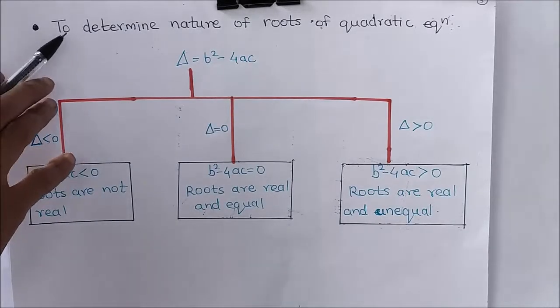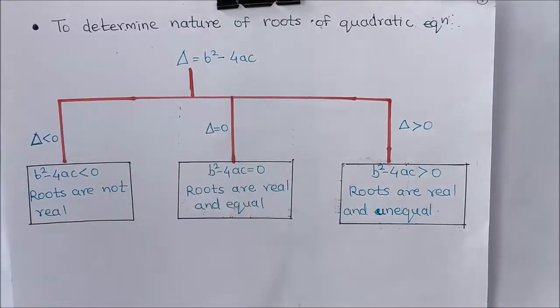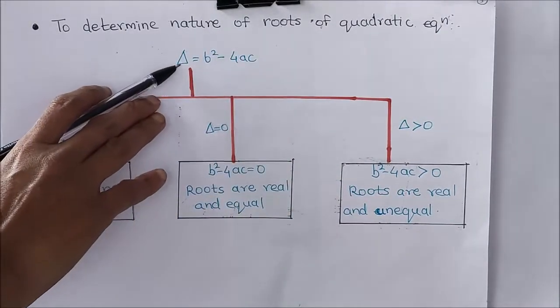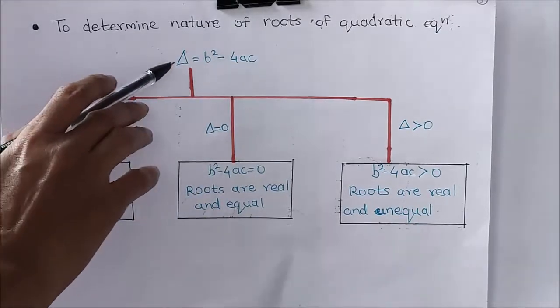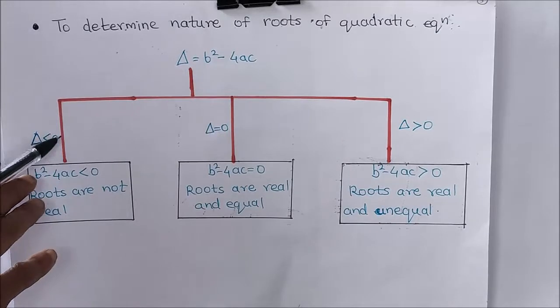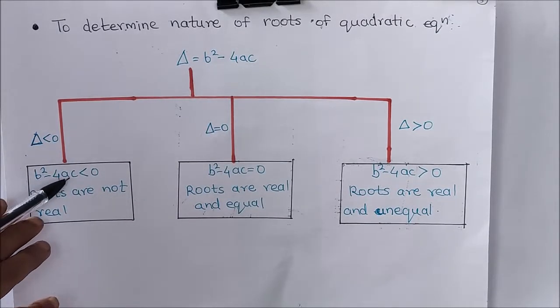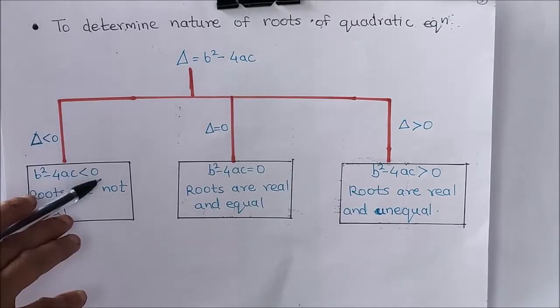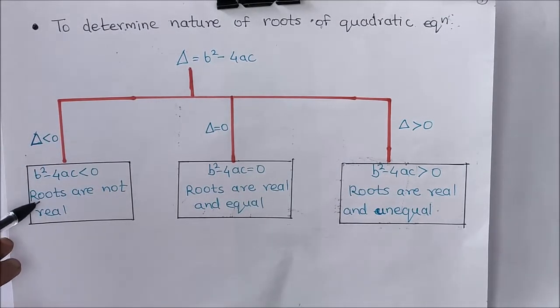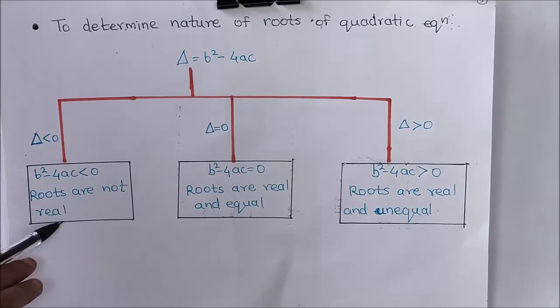Now we will see how to determine the nature of the roots of a quadratic equation using the discriminant delta equals b square minus 4ac. If delta is less than 0, that is b square minus 4ac is less than 0, then the roots are not real.